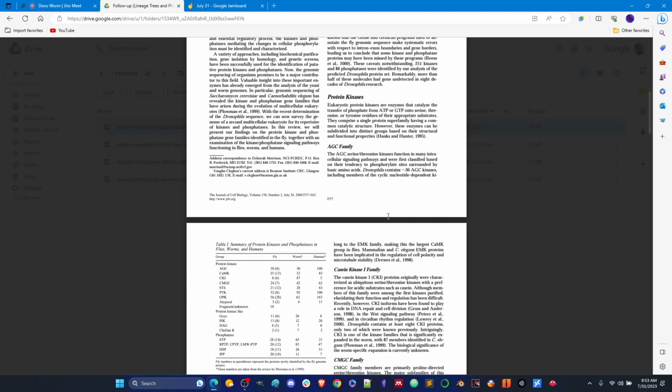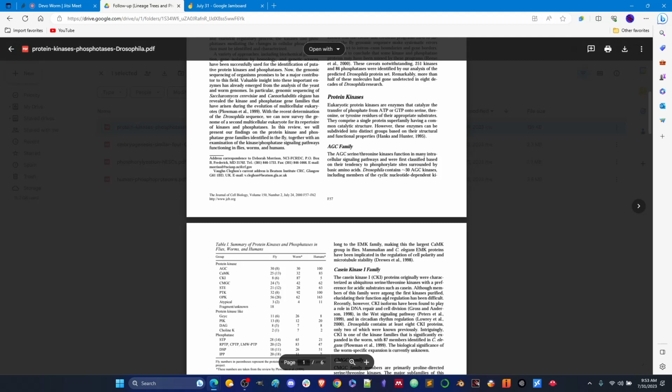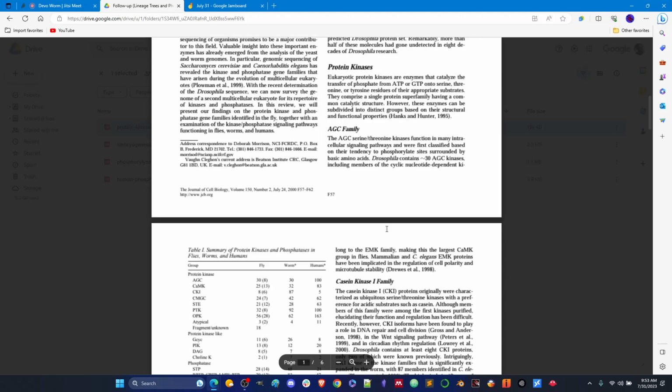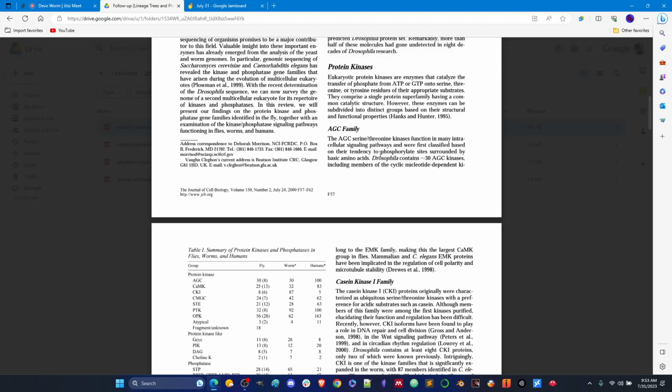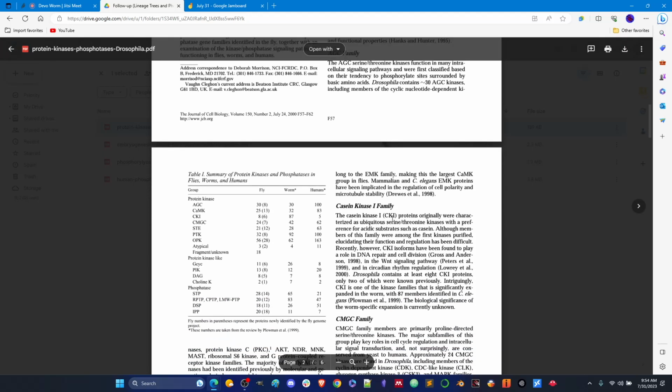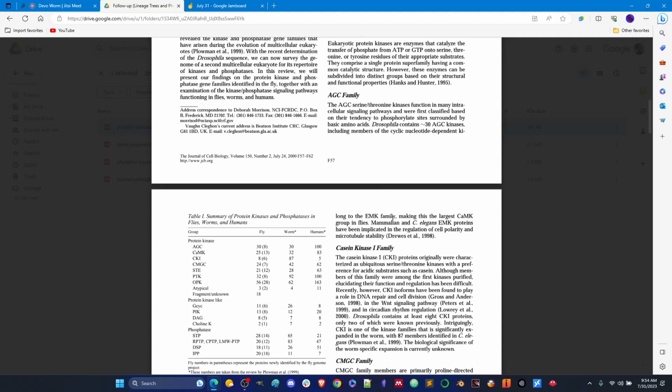They have at least, say, 30 AGC kinases in this AGC family. These are kinases that function in many intracellular signaling pathways, and they were classified based on their tendency to phosphorylate sites surrounded by basic amino acids. So they're making some sort of chemical modification to different things during transcription and during protein formation that are important for changing the function a lot of times.